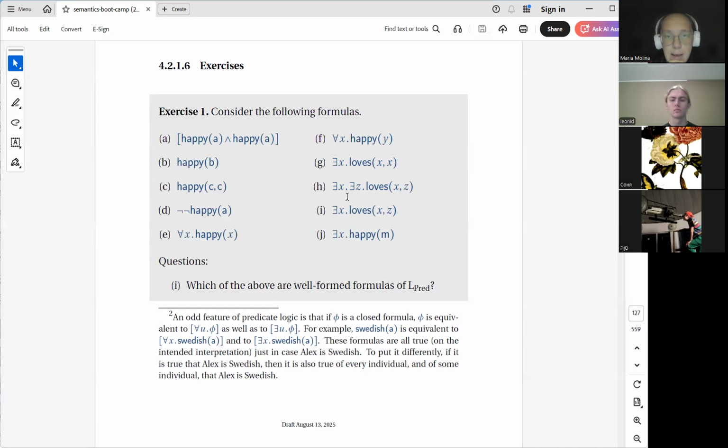If we have two or more variables bound, each of them by a quantifier, then we write it with dots.